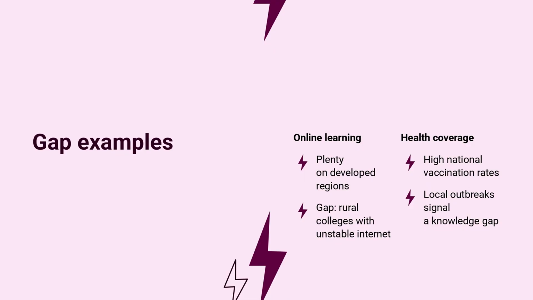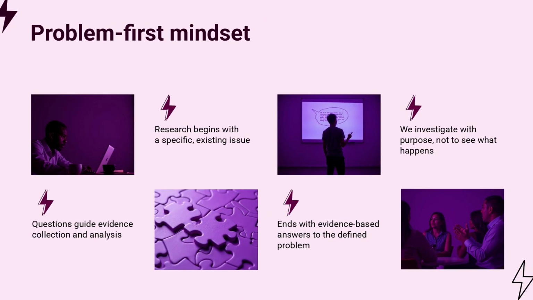We conduct research for one main reason, to solve problems or answer questions. We don't go to the field simply to see what happens. We go with a specific issue in mind. You do research because a problem exists, not to discover whether one might exist. Let's use a simple analogy. When you visit a doctor, you don't ask the doctor to guess what's wrong. You describe your symptoms first.